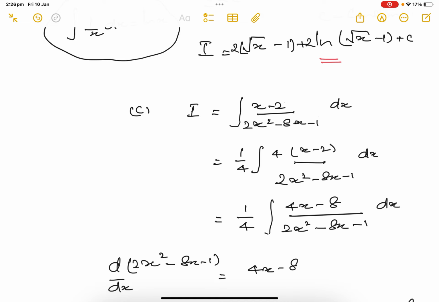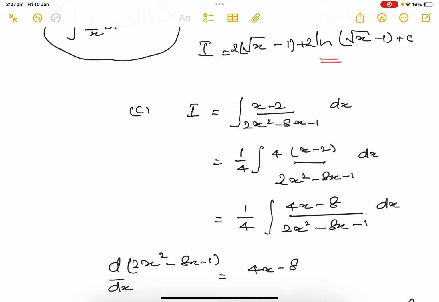So here we have a linear function on the top and a quadratic function on the bottom. When you differentiate the quadratic, it will be linear. So there is a connection there, and we'll try and work out what that connection is.